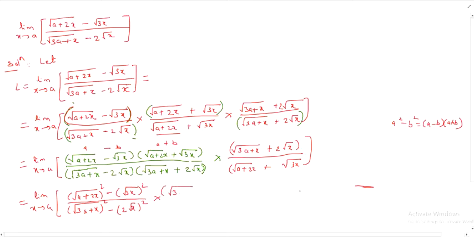Which are those? 3a plus x plus 2 root x by root a plus 2x plus root 3x, okay. Now our next step will be what then?